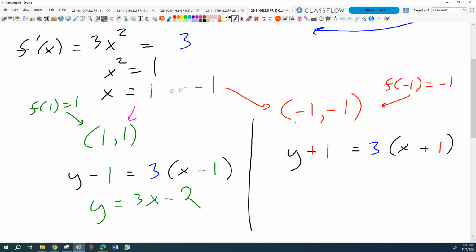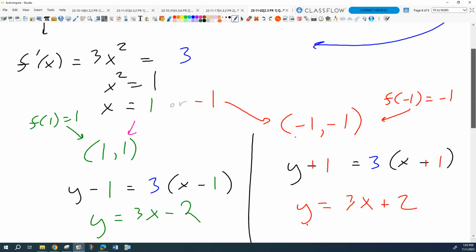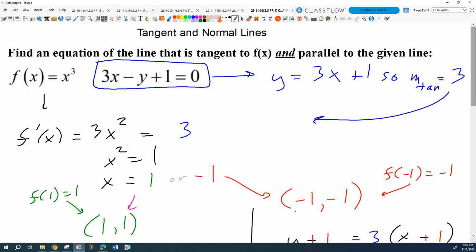If I distribute and simplify, what do I get that time? 3x plus 2. Okay, we could check this pretty easily. Let's do that. Let's use Desmos and just make sure we got what we wanted to get here.